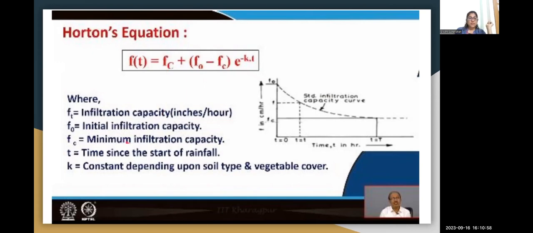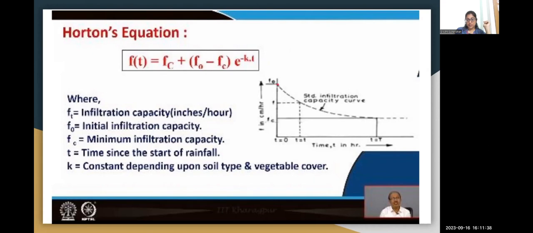Here Fc is the minimum infiltration capacity, F naught is the initial infiltration rate, K is a constant that takes into consideration the soil type and vegetation cover where the infiltration is occurring, and t is the time at which we want to measure the infiltration, that is, the infiltration occurring when a rainfall of a particular intensity is happening. That we can find out using Horton's equation.